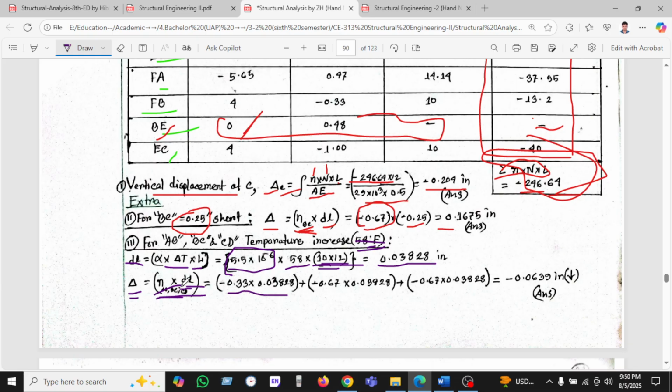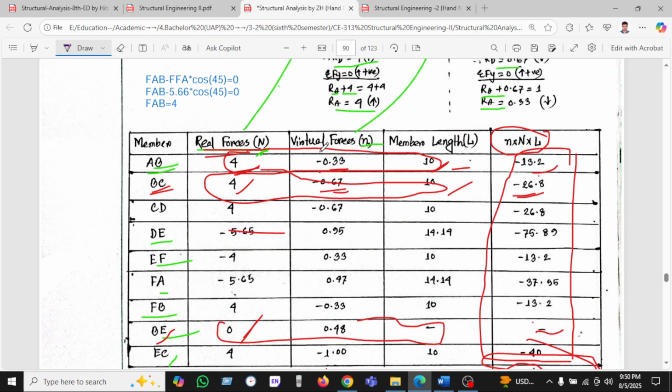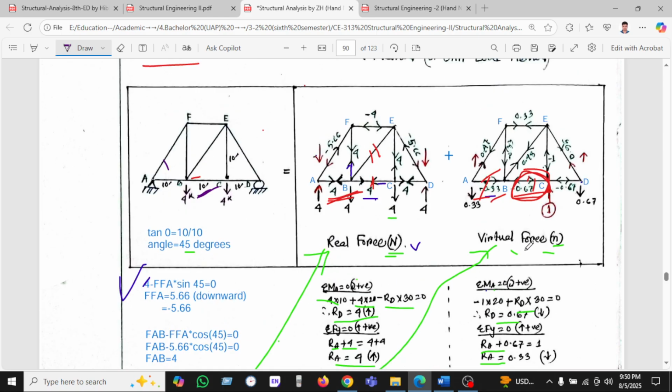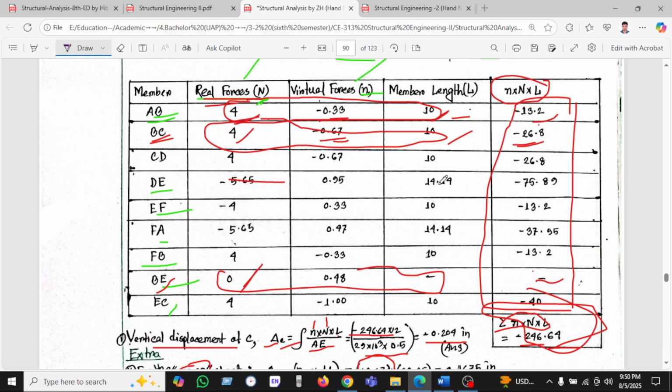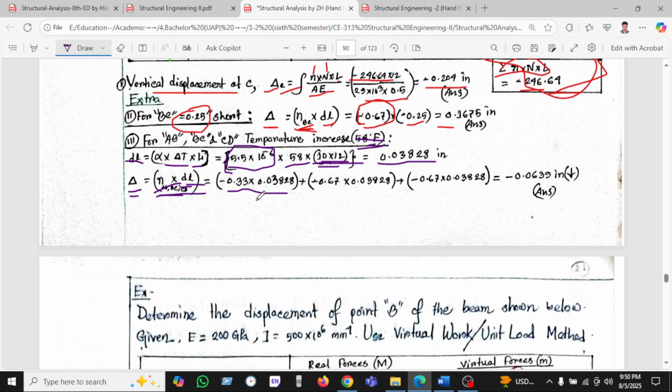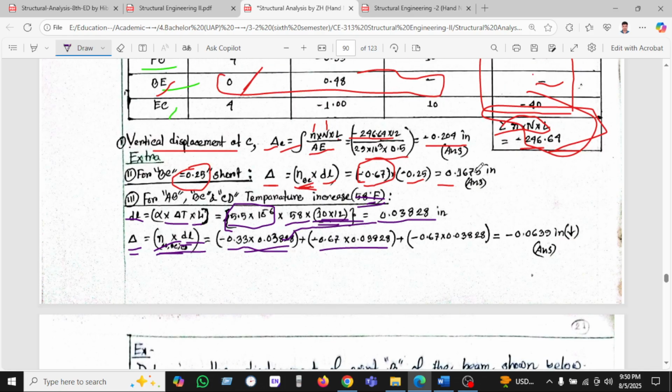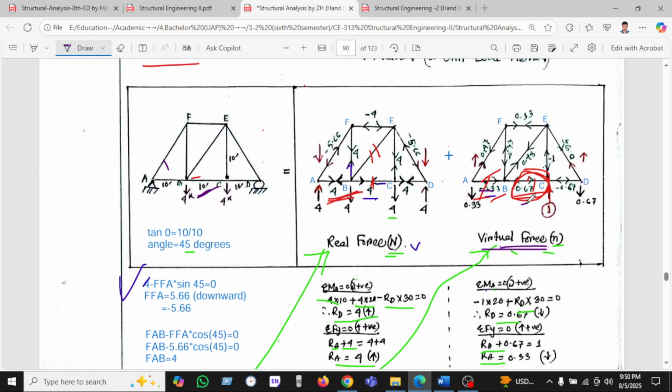It is taken only for the virtual load forces. So AB is 0.33, multiplied with delta L. Another one is BC, which is 0.67, as we have seen here, and it is also multiplied with delta L.